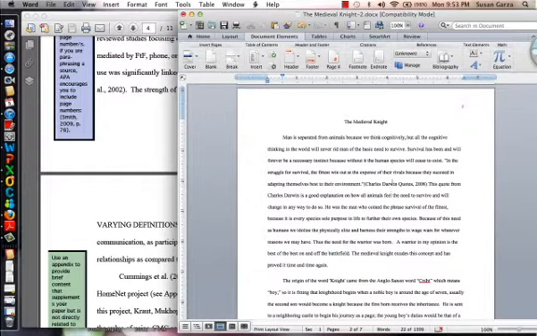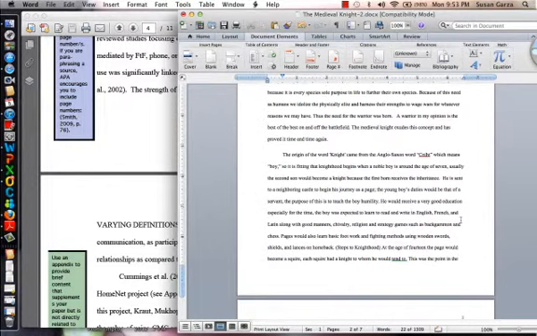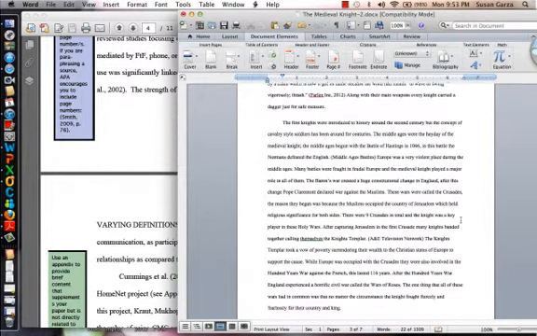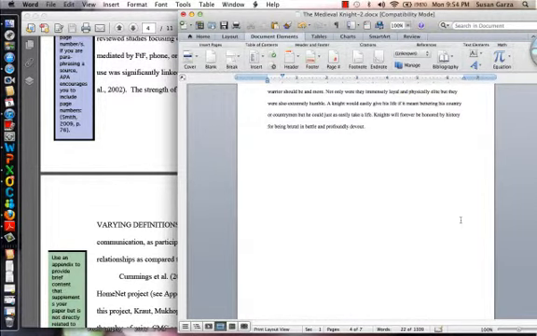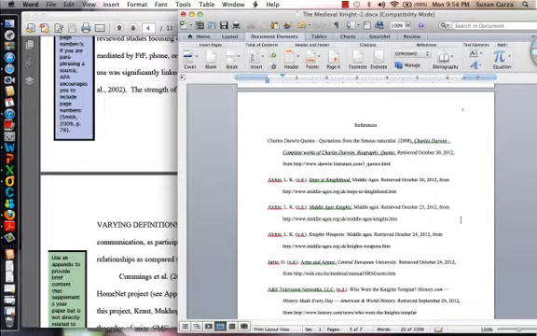Now, remember your in-text citations. This is what tells the reader where to look on your reference page to know which source the information came from. So this has got Charles Darwin quotes. So when I go down and look at the reference page, I should see something that says Charles Darwin quotes.